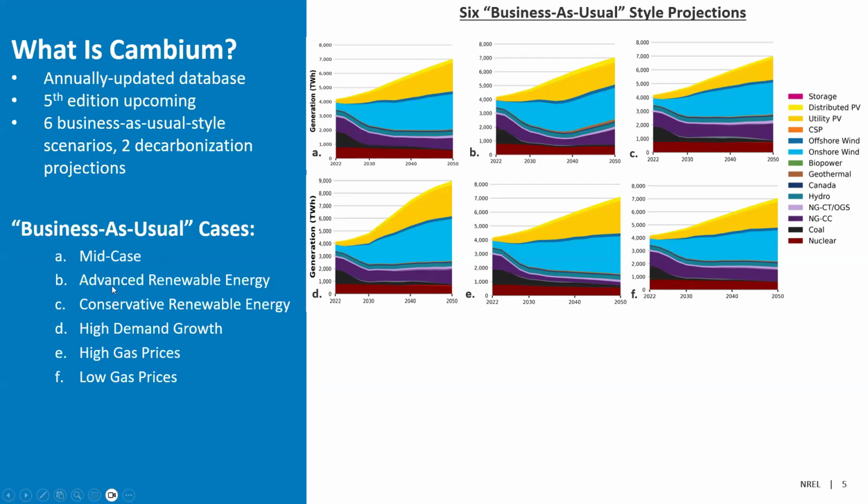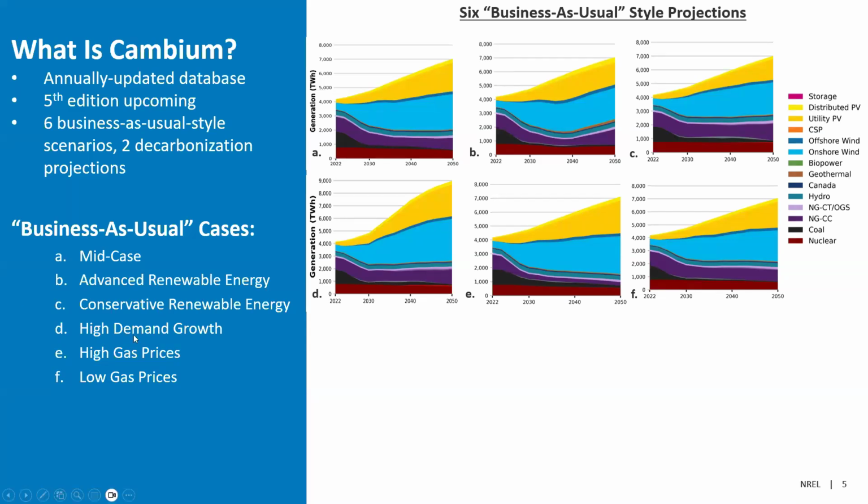But then we also have different perturbations because again, key things are uncertain. For example, we have both advanced and conservative renewable energy and battery cost scenarios. So basically, what is the projection of the evolution of the US electric grid if renewables and batteries are cheaper and perform slightly better, or more expensive and perform slightly worse over the coming decades.